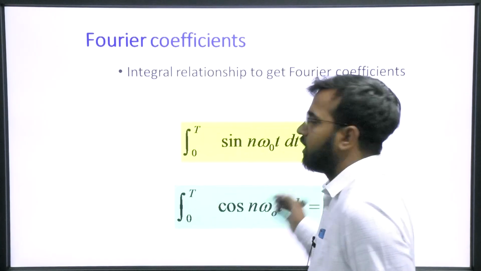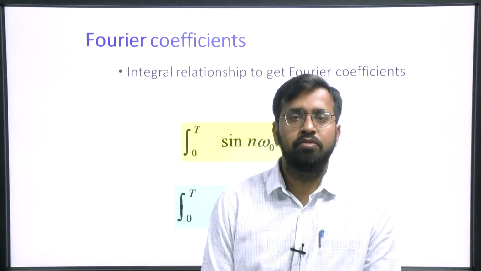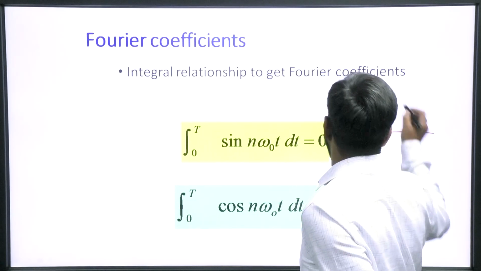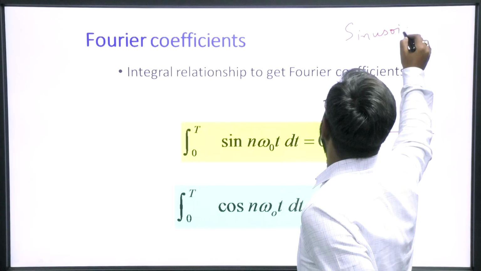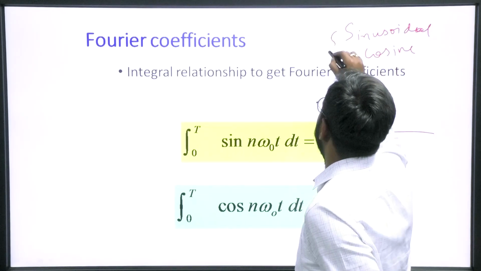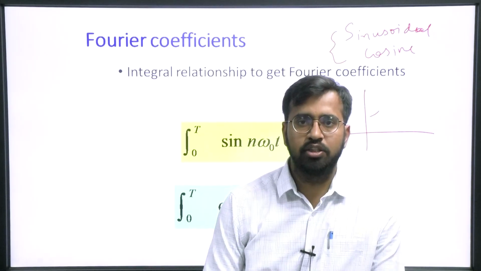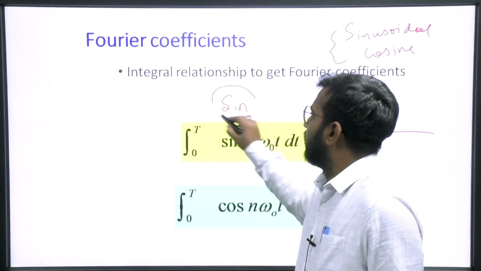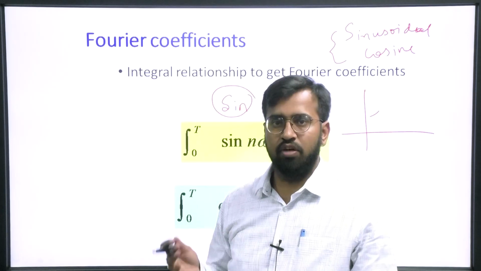The differentiation and integration of a sinusoidal signal is also of the same nature, meaning it is sinusoidal itself. Sine and cosine, both waveforms are of the same nature. You cannot say they are different, both shapes are the same. Only the sinusoidal signal's differentiation and integration give you the same type of signal.